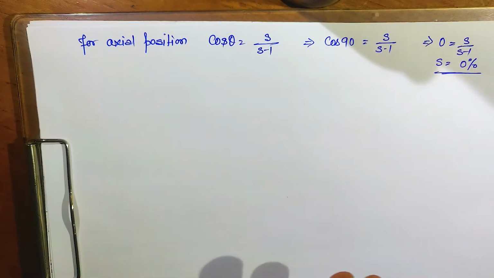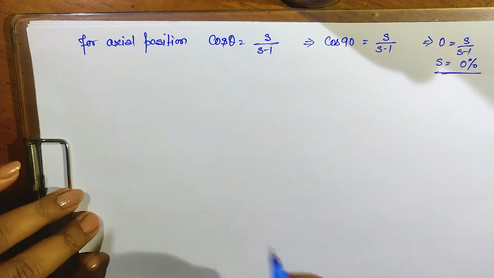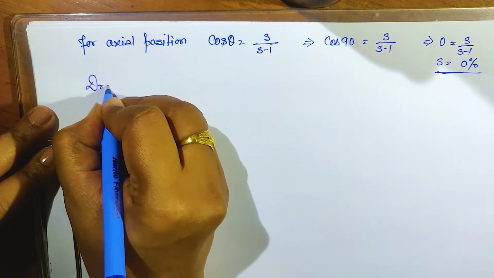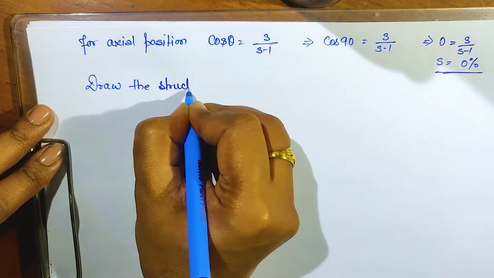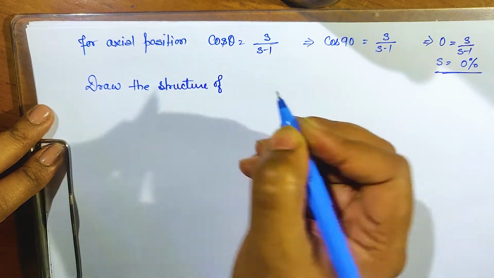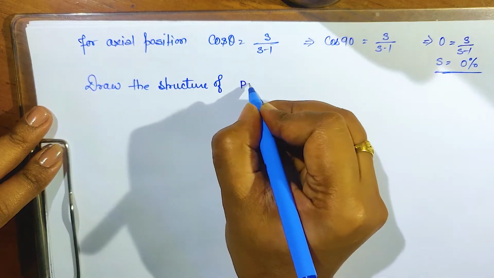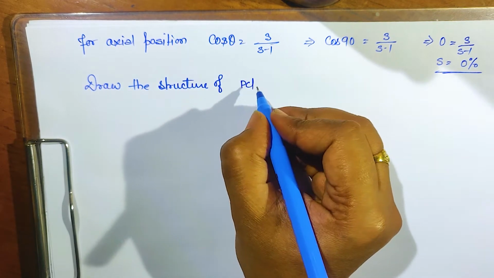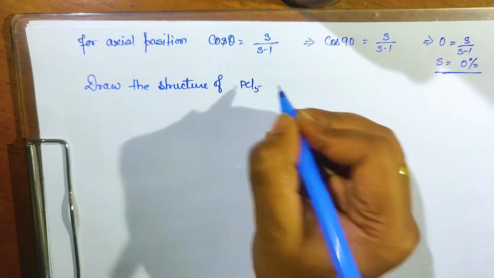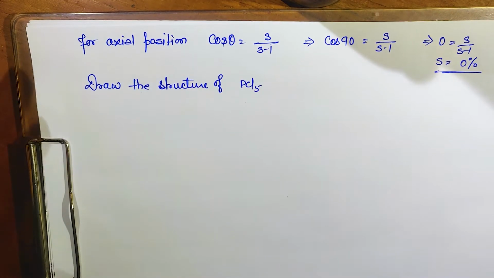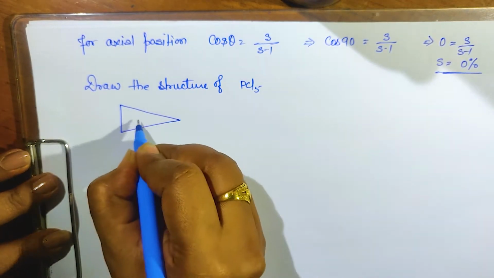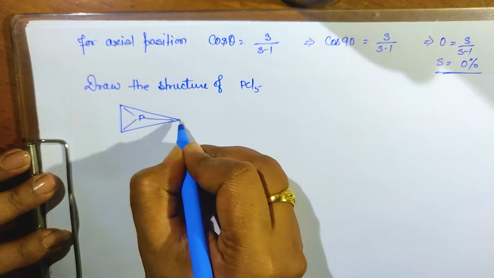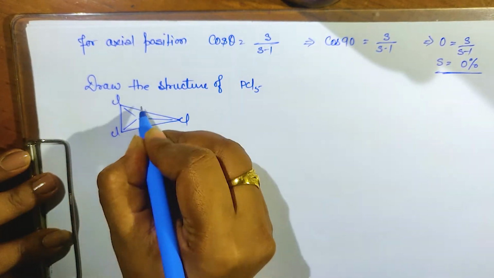So on this basis, if I say, draw the structure of PCl5. So it is same, no issue. Let me draw, and all the bonds are same, so anywhere you can put.